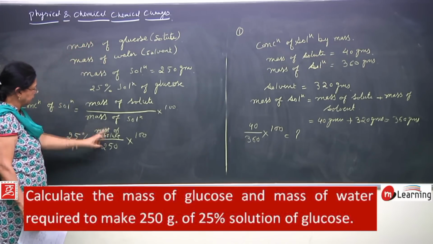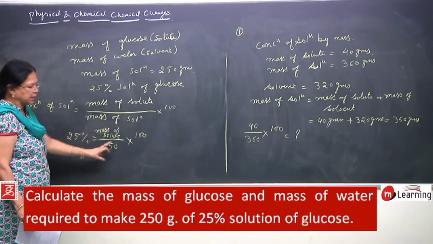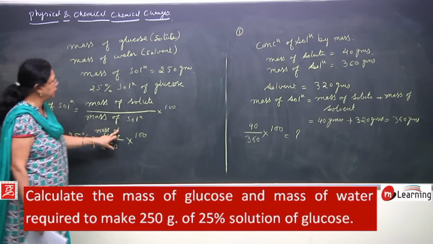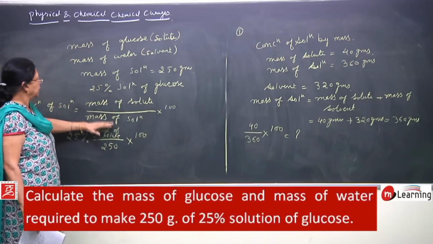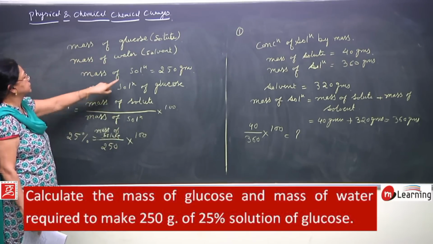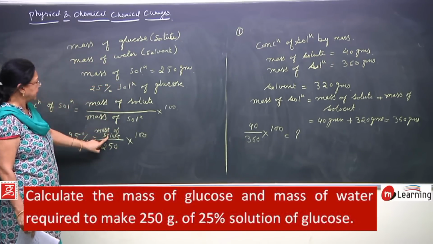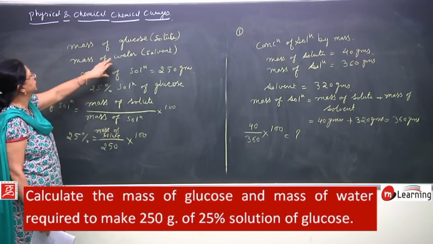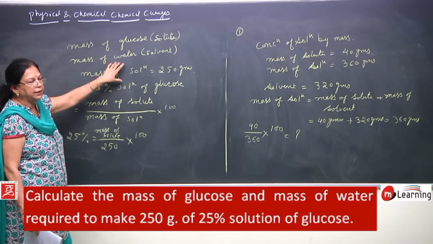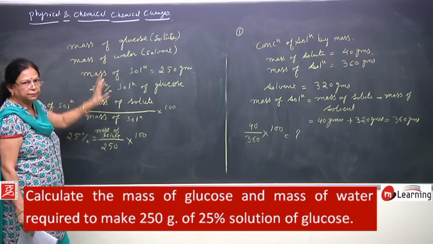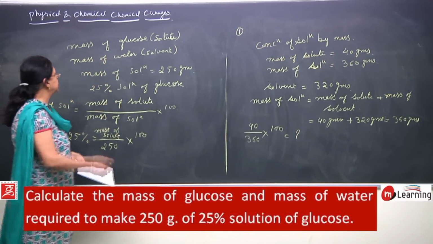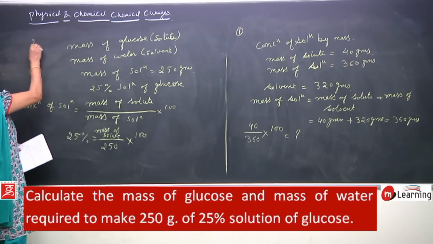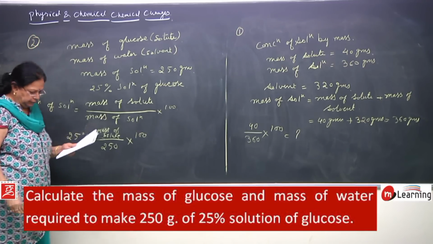So, out of 4, these 3 things are given. Mass of solute you can calculate, and mass of solution is given. Subtract that mass of solute from this mass of solution, you will get the mass of solvent or mass of water. Clear? So, that is the second problem which is given in your study material.